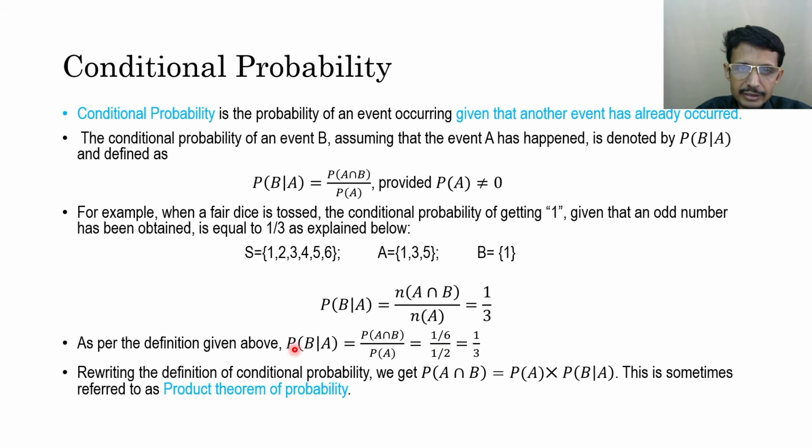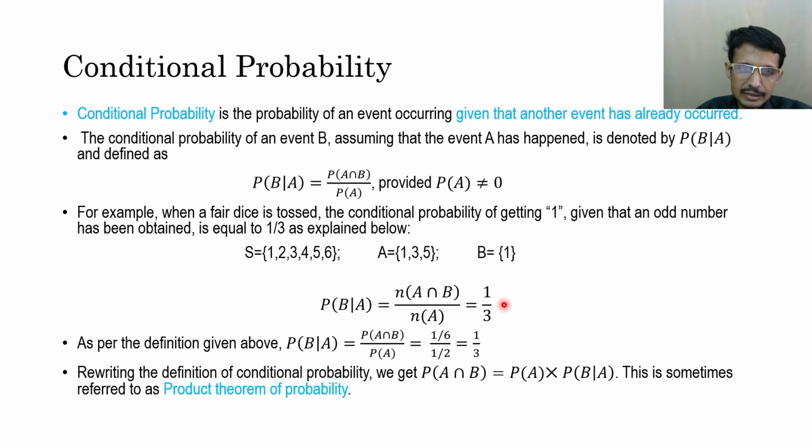Now as per the given definition, probability of B given A is basically P of A intersection B by P of A, that is 1 by 6, definitely, because this is 1 and the sample space is 6. And what is A? Odd numbers, 1 by 2.